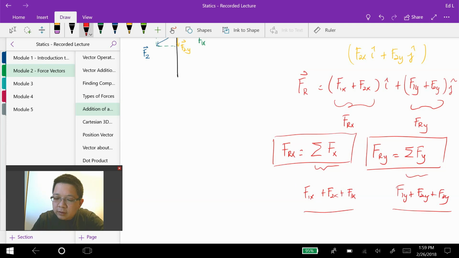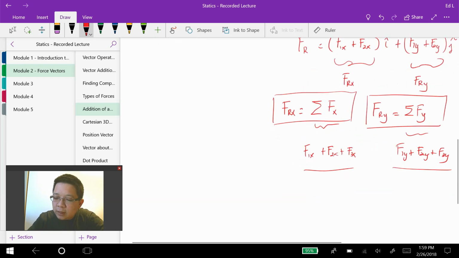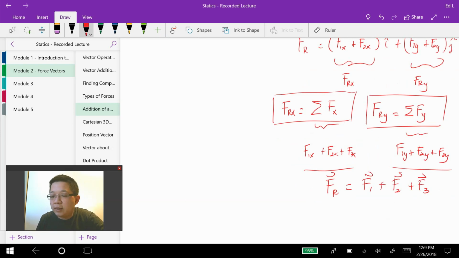However, note that this can only be written like this if Fr is defined as F1 plus F2 plus F3. In some cases we will do vector differences rather than vector summations.